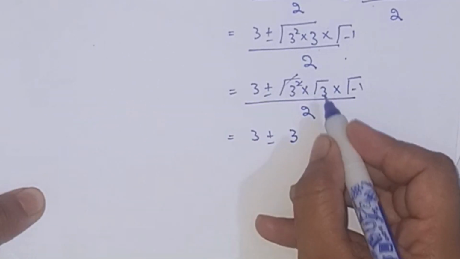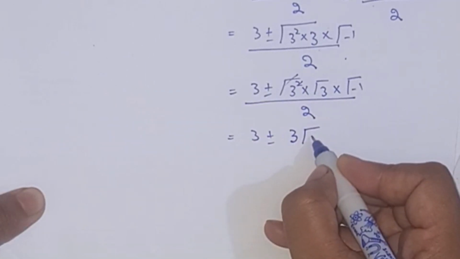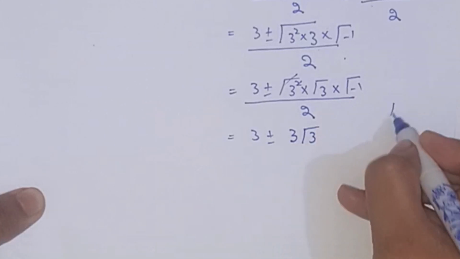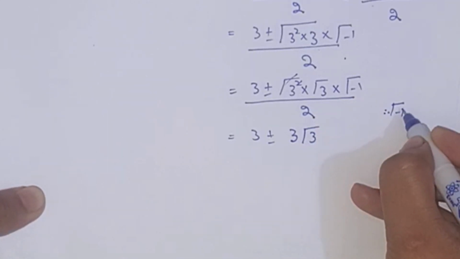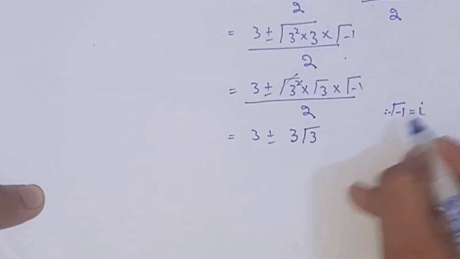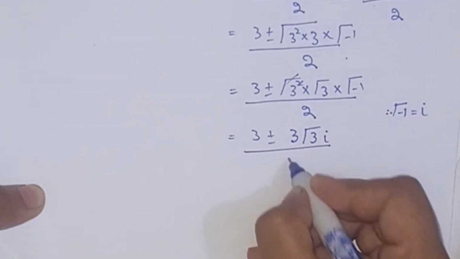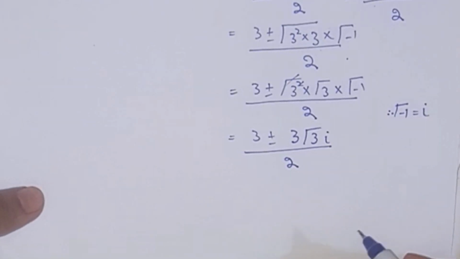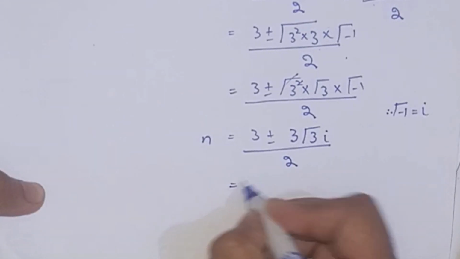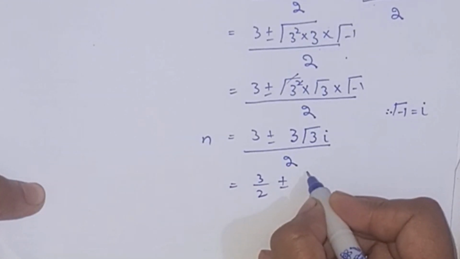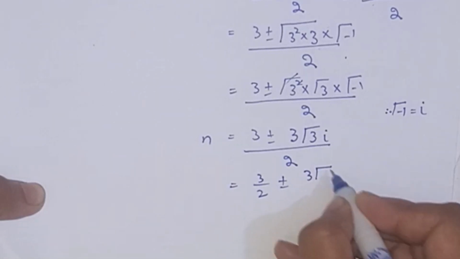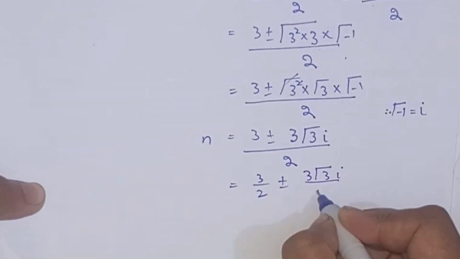We just get 3, and we know that the square root of minus 1 is equal to iota, so we write here iota over 2. After that we write this as 3 over 2 plus minus 3 times square root 3 iota over 2.